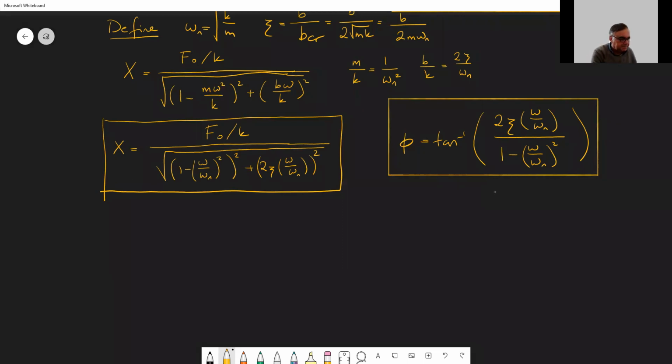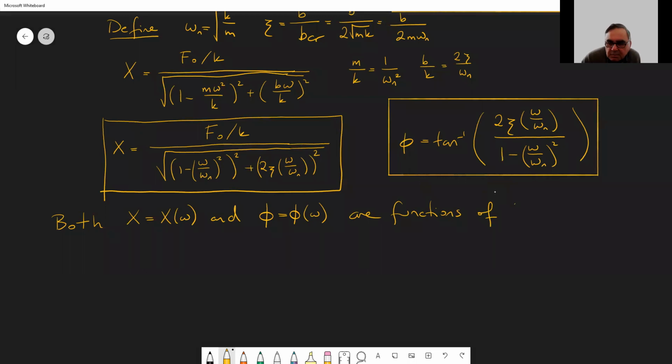As we see, both x, which is x of omega, and phi, which is phi of omega, are functions of the forcing frequency omega.